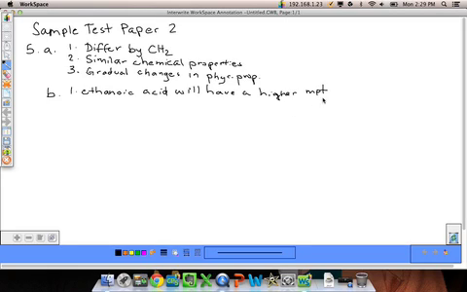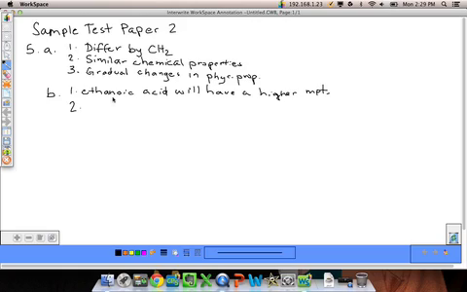Again, it's going to be important to make sure to clearly address all parts of the question. So that first statement, say, yes, this is the one that's going to have a higher melting point. And then go into the why, because that's the second part of the question.